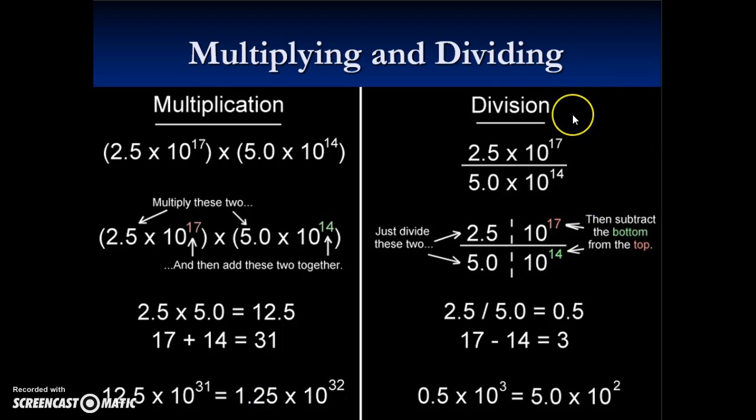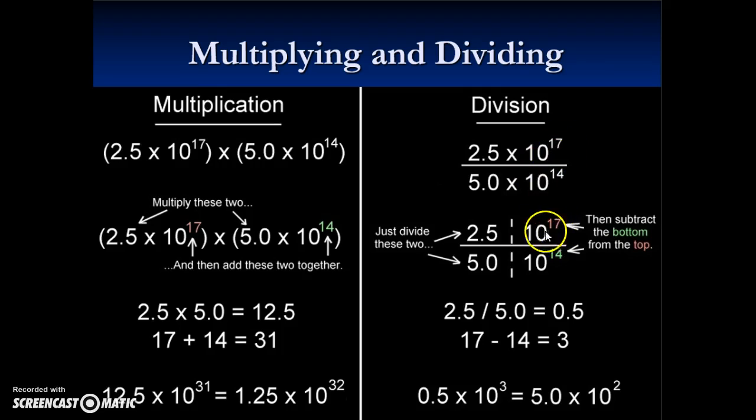Division is similar in the fact that you have to divide up the number into the coefficient and the exponent. And once again, you divide the coefficients as you would regularly. You could just type it right into your calculator, 2.5 divided by 5, and that comes out to be 1/2, or 0.5.